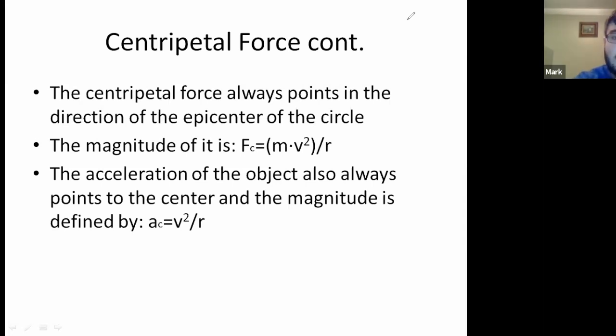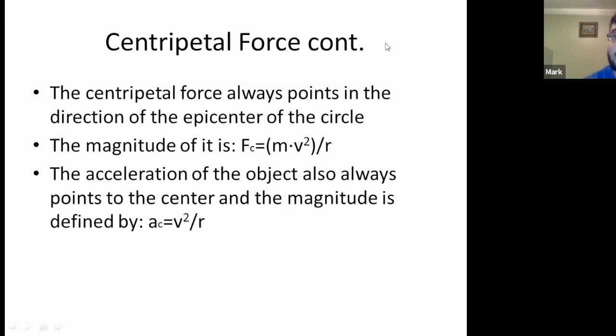The acceleration of an object also always points to the center, and centripetal acceleration is equal to v squared over r. You can derive this from the classic formula F equals ma. If the centripetal acceleration is v squared over r, to get centripetal force you just multiply by m, and voila, we have mv squared over r. Very easy. That's how you always find centripetal acceleration and centripetal force.